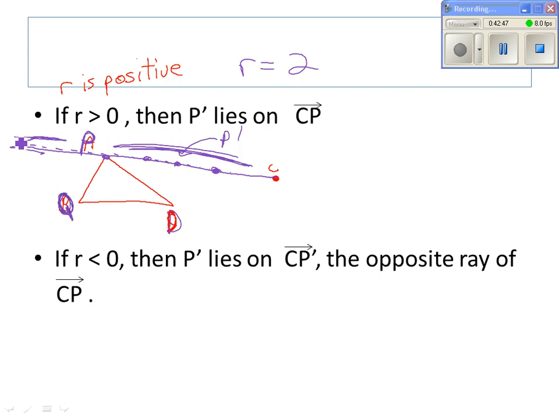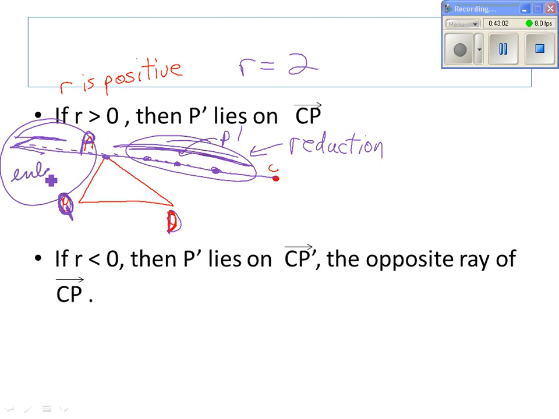If it was a reduction, so in this area, reduction, getting smaller. This area over here, enlargement. I know that doesn't make a whole lot of sense right now, but it will here in a second when we do this one. So that's if your R is positive.